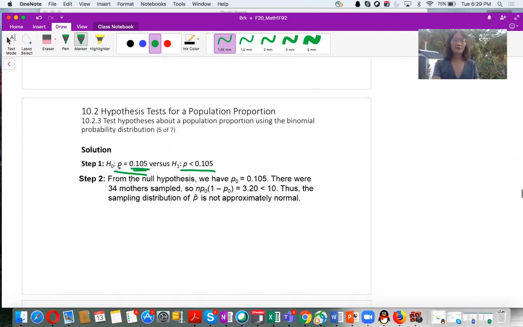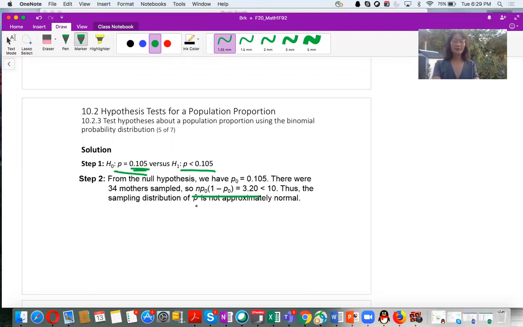So we have H1 and H0, and then we need to check the requirements, to see if n times p times 1 minus p is at least 10. There are 34 mothers sampled, so this one is smaller than 10.